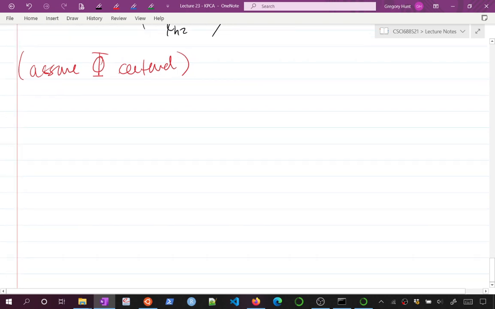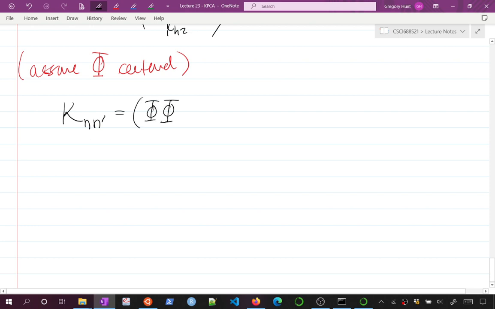If we ignore that whole centering step, then what are the elements of my kernel matrix, my K matrix? Let's call them indices n and n prime, so it's like observation n and observation n prime.